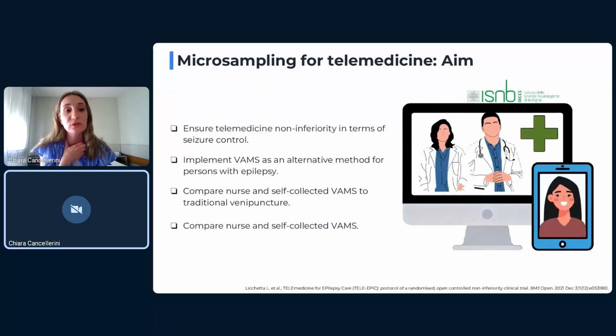But we also wanted to implement VAMS as an alternative method for these patients and compare nurse collection versus self-sample collection to the traditional venipuncture. So we did a double cross-validation. Then we integrated the VAMS sampling result directly into the patient's remote video consultation in order to improve treatment adherence and to reduce the number of hospital visits.